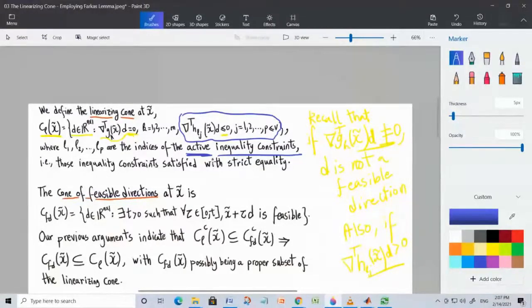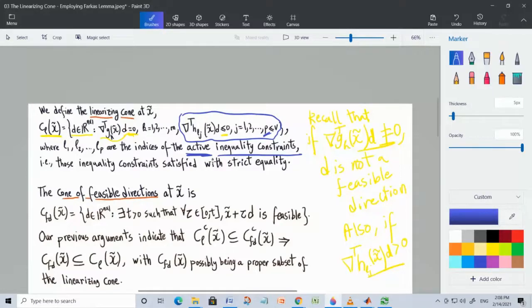So here, when we involve the functions in the inequality constraints, we focus not on all the inequality functions, but only on those that are active, in the sense that they are satisfied with equality. Okay.